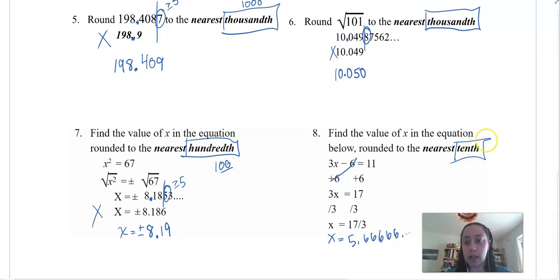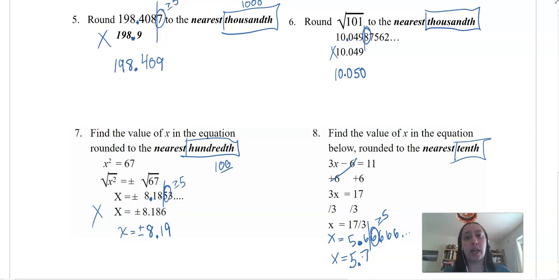To the nearest tenth, we want one number after the decimal. So here's my decimal. There's one number. This number, next number, is greater than or equal to 5, so we add 1. X equals 5.7. And that's the answer.